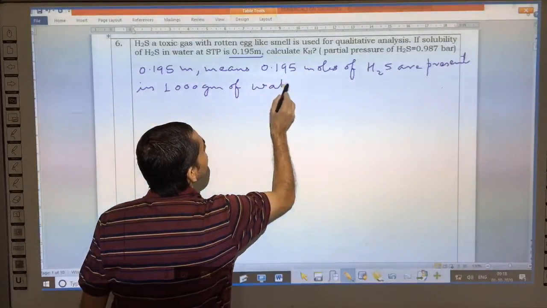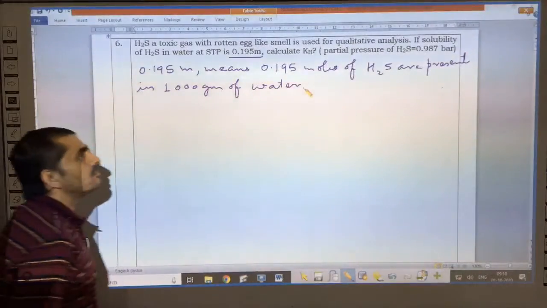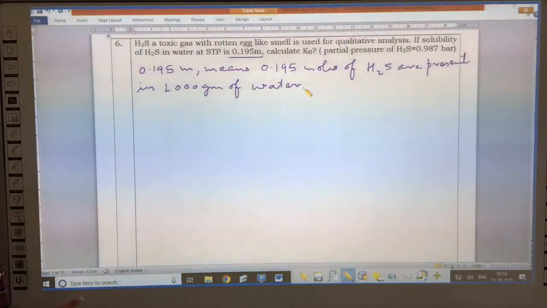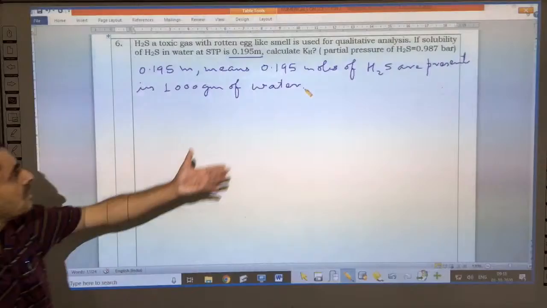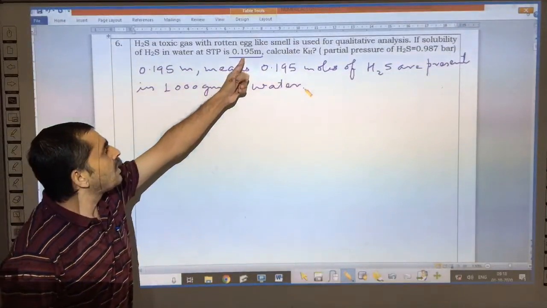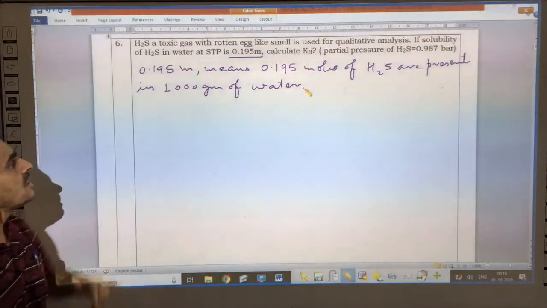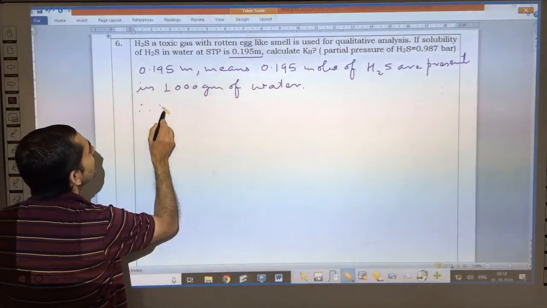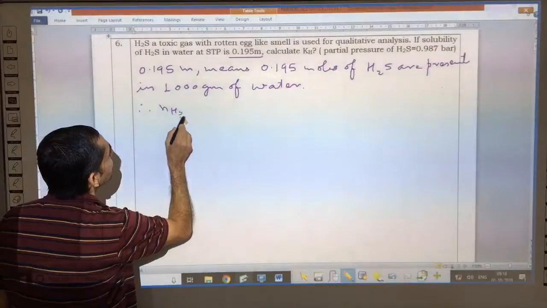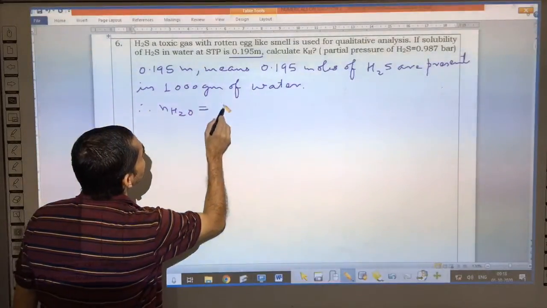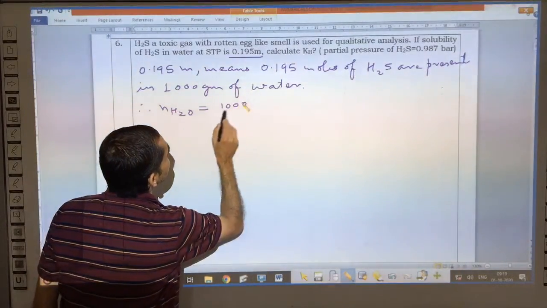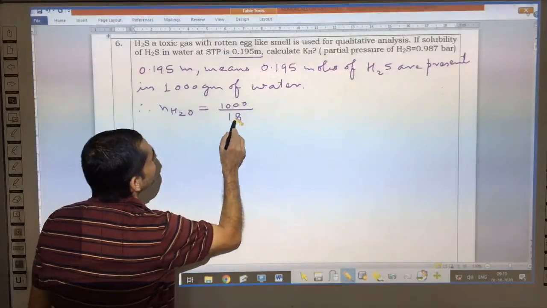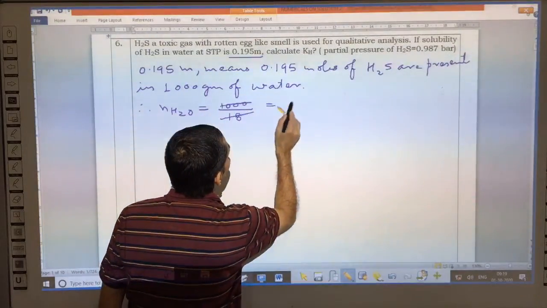Okay, molality, you know molality, number of moles present per kg of solvent. Here the solvent is water, so this amount of H2S is present in 1000 gram of water. Therefore, number of moles of water you can calculate here only. It is 1000 upon 18 and this comes to be 55.5.